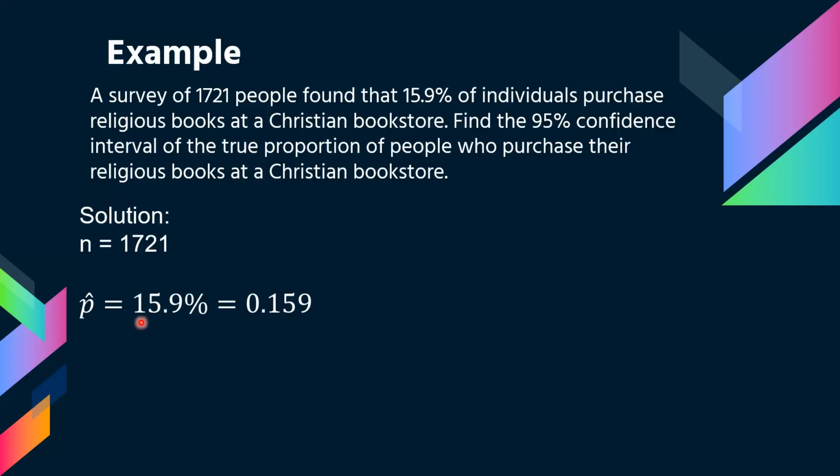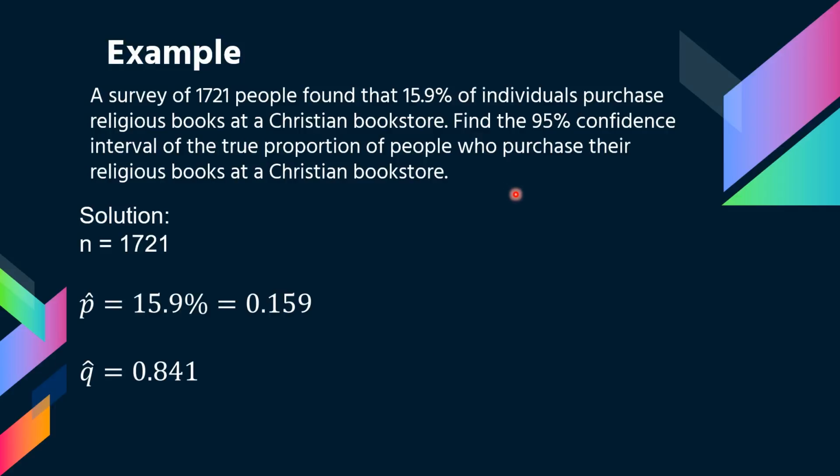So if we convert the 15.9% into decimal, we have 0.159. We have to move the decimal 2 steps to the right. Therefore, if this is our P hat, our Q hat is this one, 0.841.